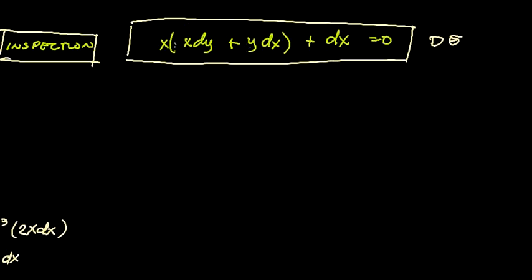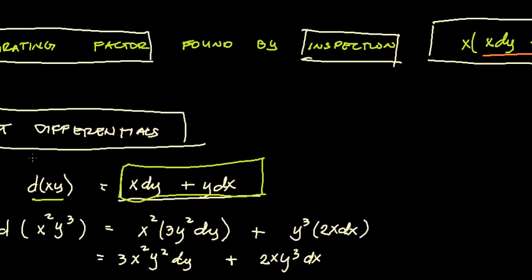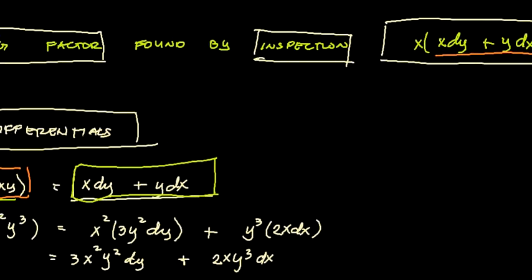As you notice, we have this part here, x dy plus y dx, and something is familiar with it. We have the first times the derivative of the second plus the second times the derivative of the first, which is this exact differential, right?